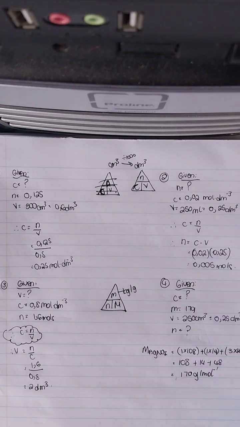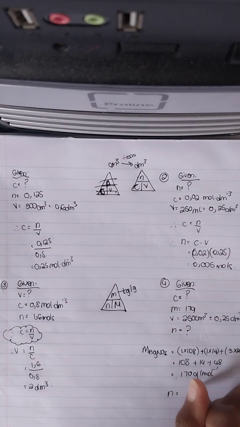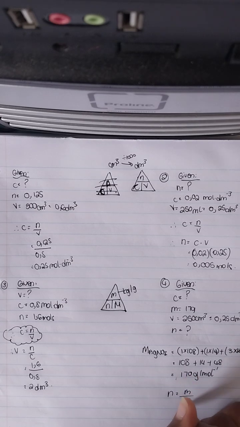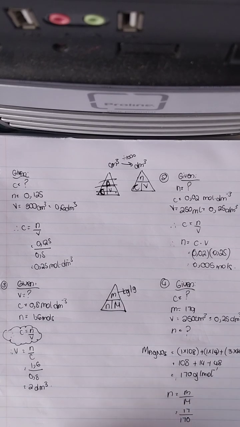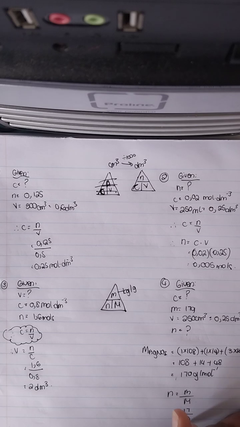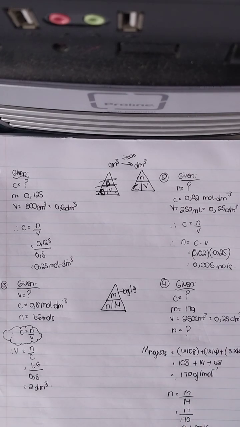So if we have our molar mass and we also have our mass, it means we can calculate the moles. So n is m over M. What is our mass? 17. What is our molar mass? 170. And that is going to give us 0.1 moles.